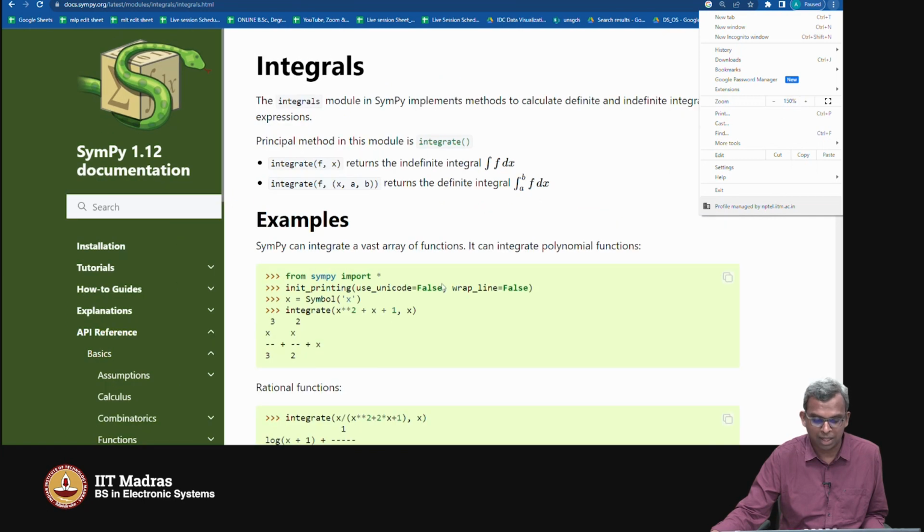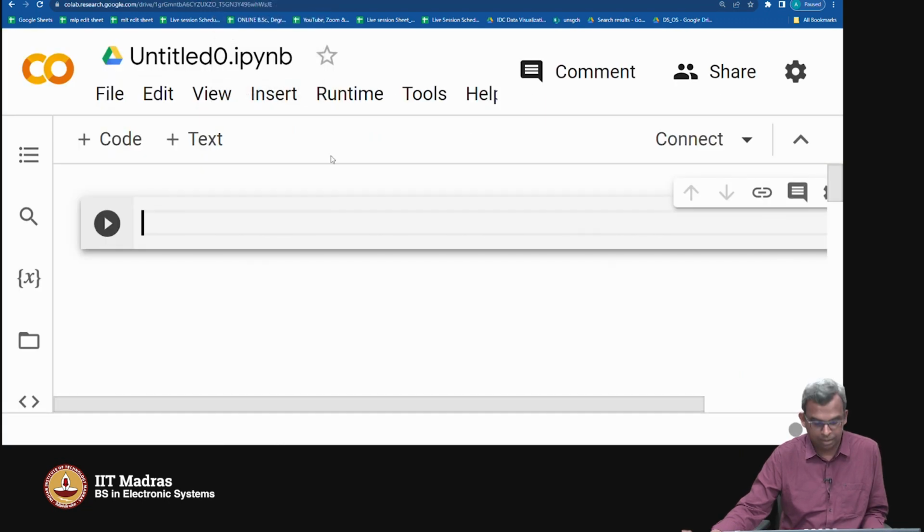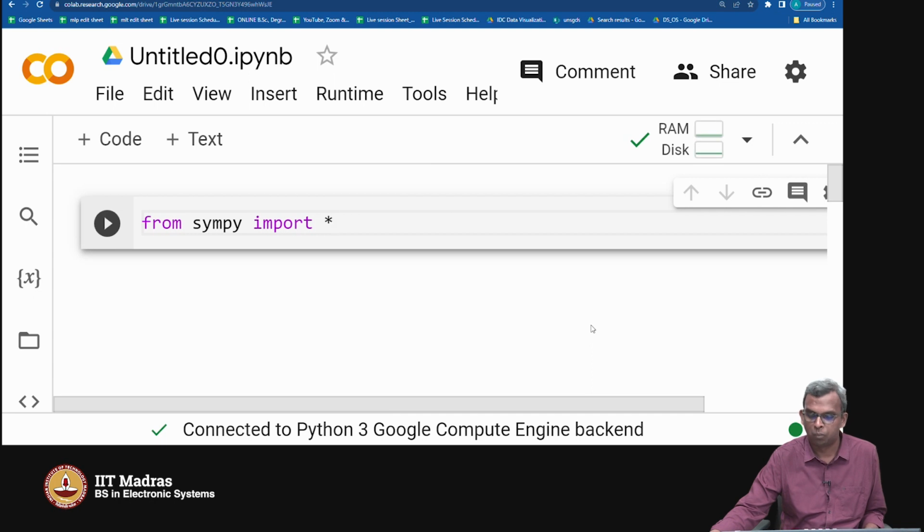So, I'm going to just type this out and show you also that it really works. So, SymPy is a Python module in which you can do integration and all those things. So, you have to call it first. Let me see if Colab has it. Okay, so there it is.